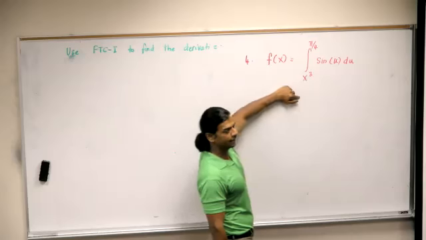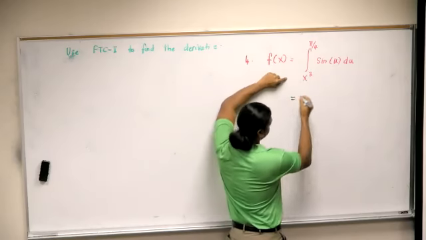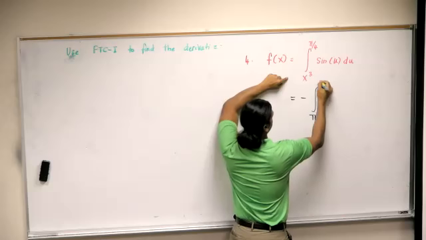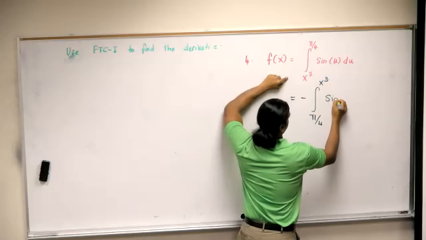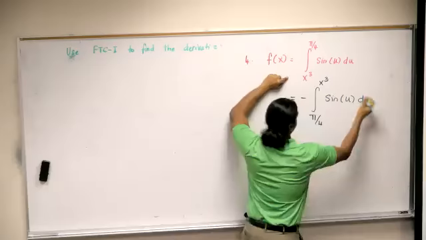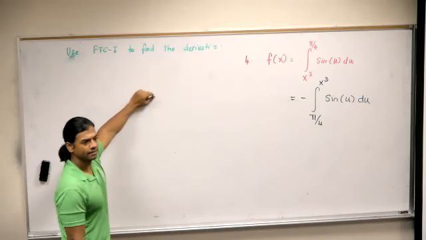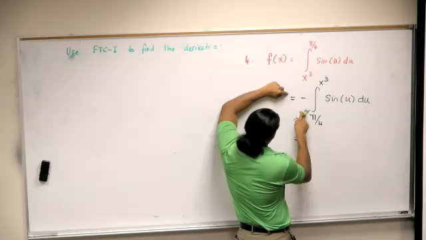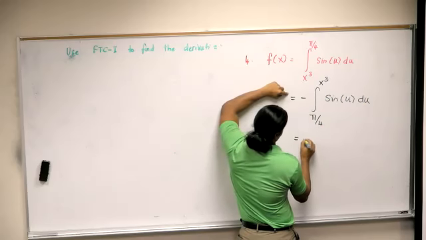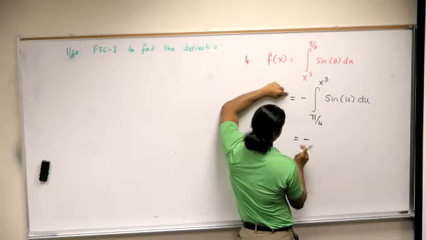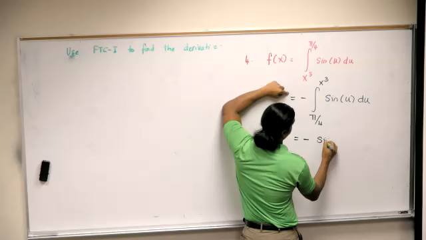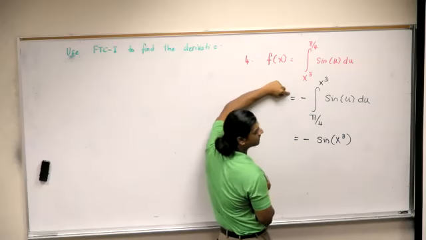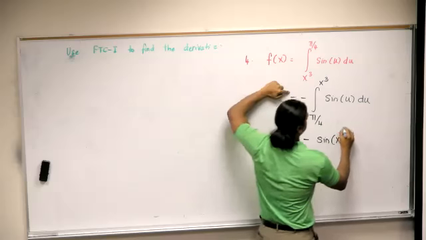Pi over 4 is not the lower limit, but if I use the property of integration of flipping, I end up getting that. So minus sign, you plug in the upper limit, which is x cubed, but we are not done.